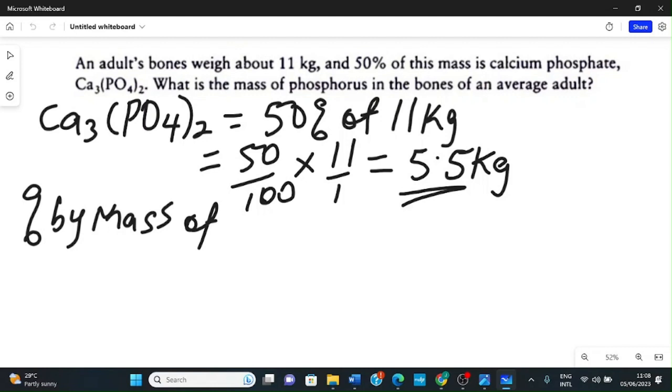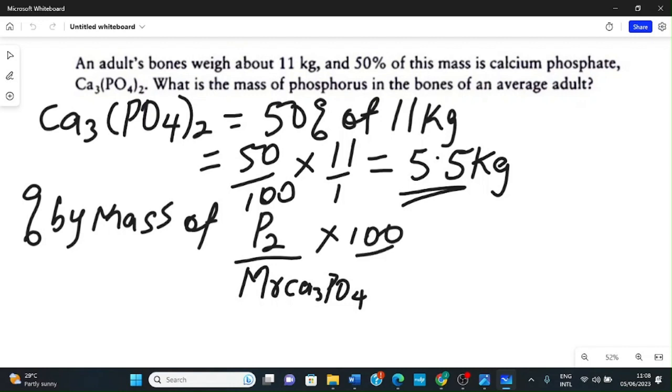So to calculate the percentage by mass, percentage by mass of phosphorus is going to be equal to what? The atoms of phosphorus in calcium phosphate over the molar mass of calcium phosphate, going by the formula we used in our previous class, multiplied by what? 100 over 1.